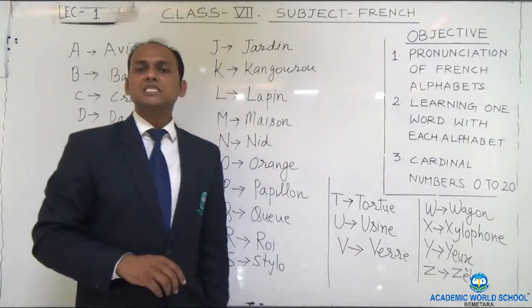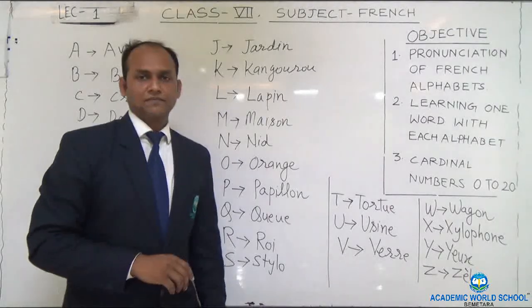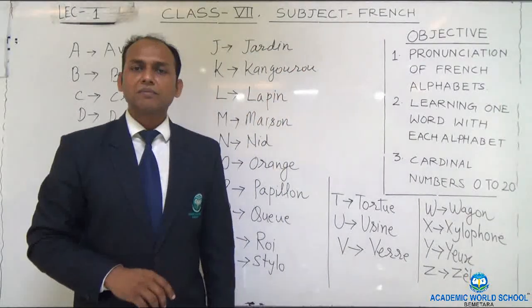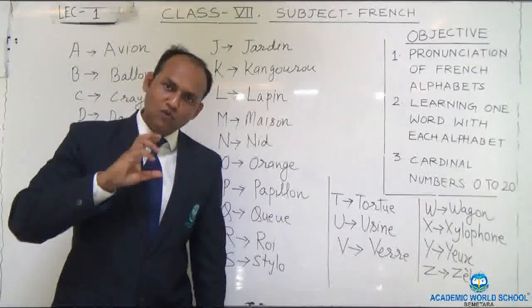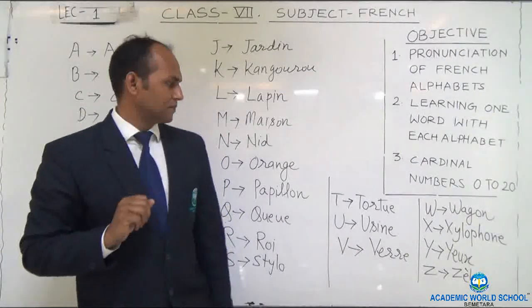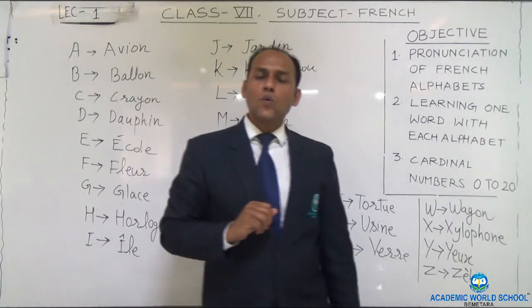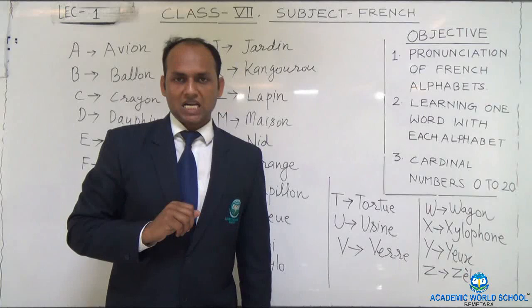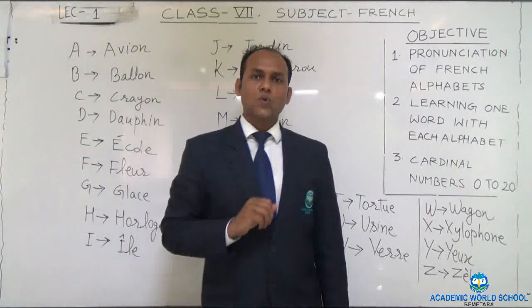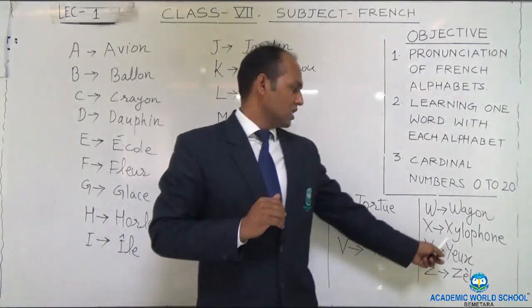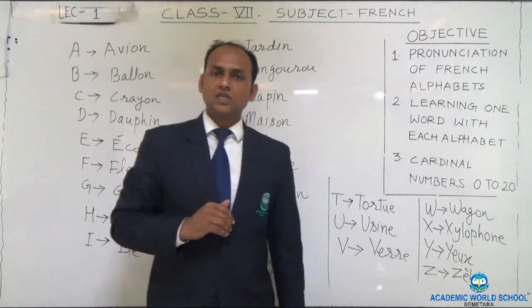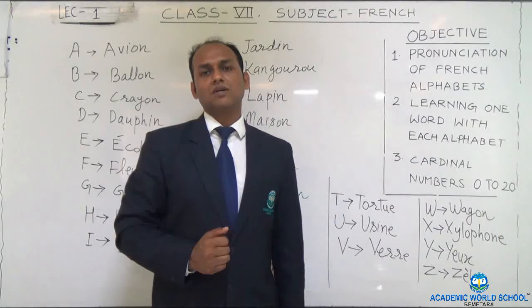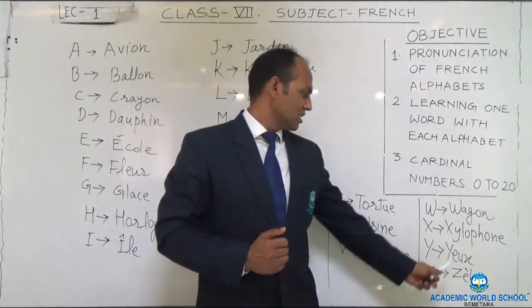Usine means factory. Verre means glass for drinking water. Wagon means wagon, rail car. Xylophone, the musical instrument that you have learnt already in English.